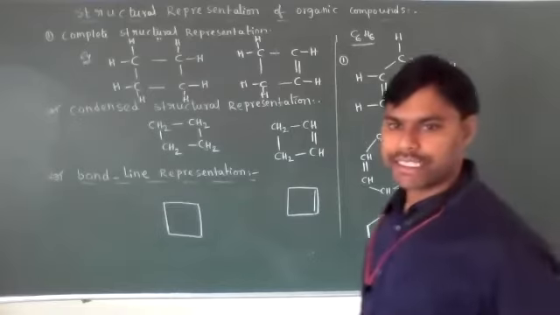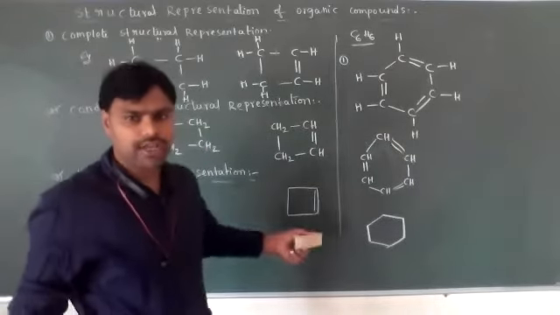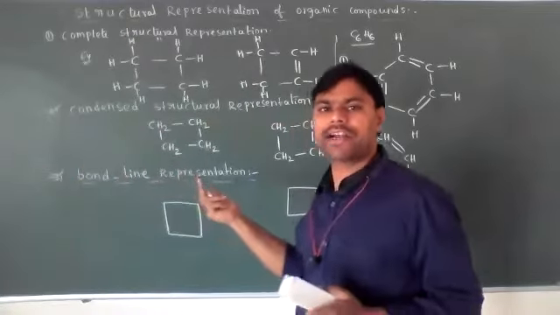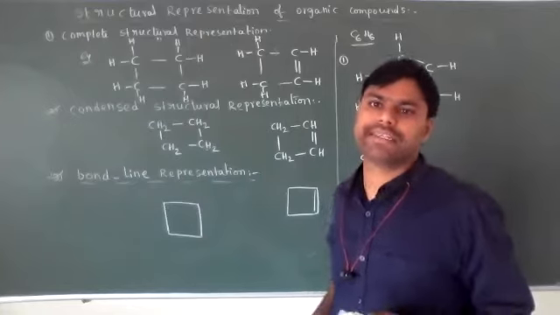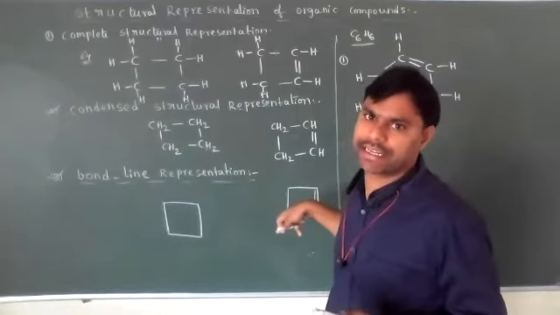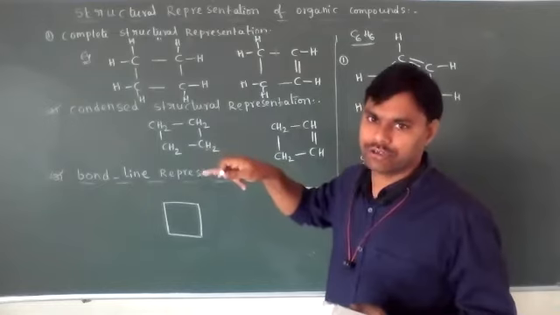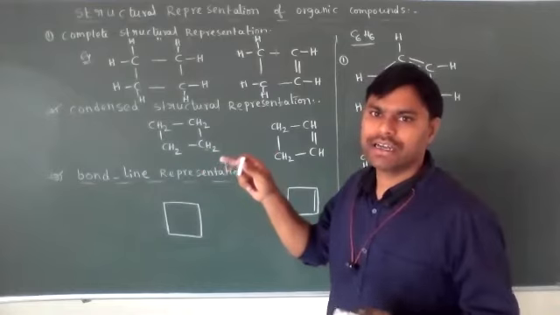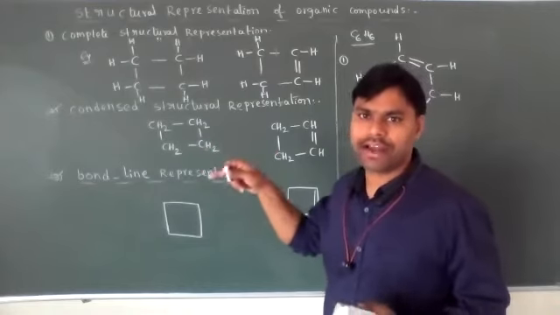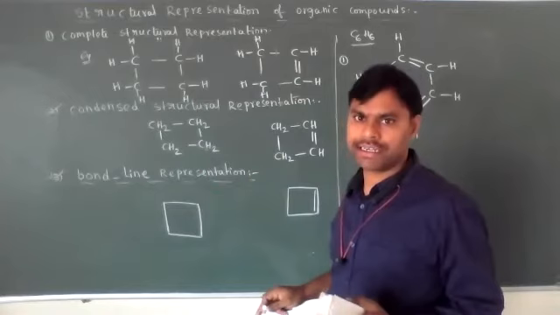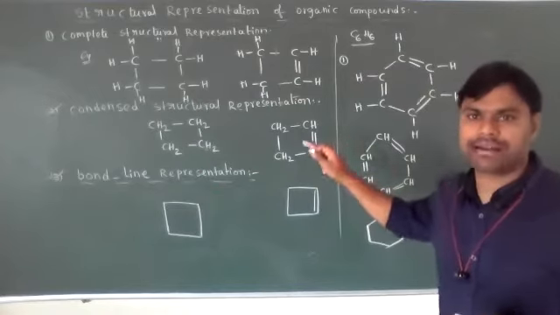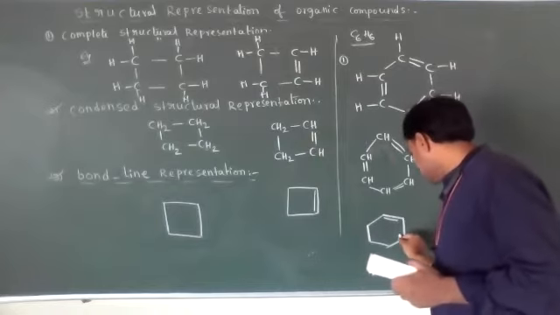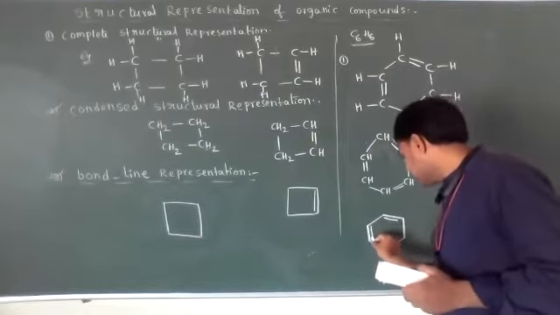We don't need to show the carbons and hydrogens, just lines only. If any atom other than carbon and hydrogen is present, then we have to represent it. If an oxygen atom is present in the cyclic ring anywhere, then we use O. If a sulfur atom is present, we use S. If halogens like chlorine, bromine, iodine are present, we write their symbols. Understand? I am giving examples with carbon and hydrogens only. Now, double bond, single bond, double bond, single bond, double bond.